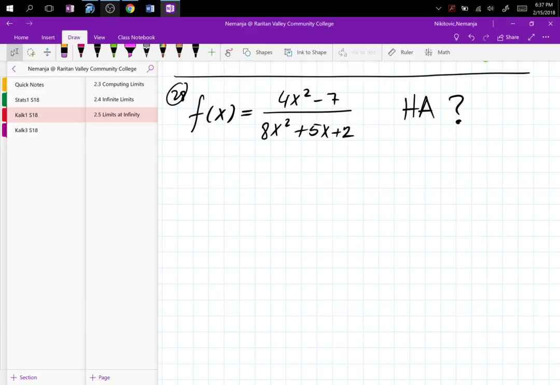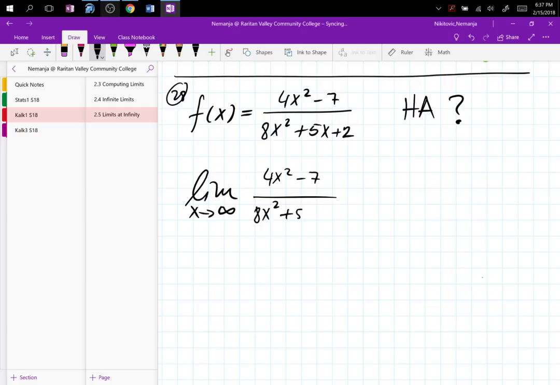So we're going to do the limit as x goes to infinity. And then you just do what we did earlier. What is the way to solve this? Divide everything by the highest. Perfect. Divide by x squared, divide by x squared, divide by x squared.